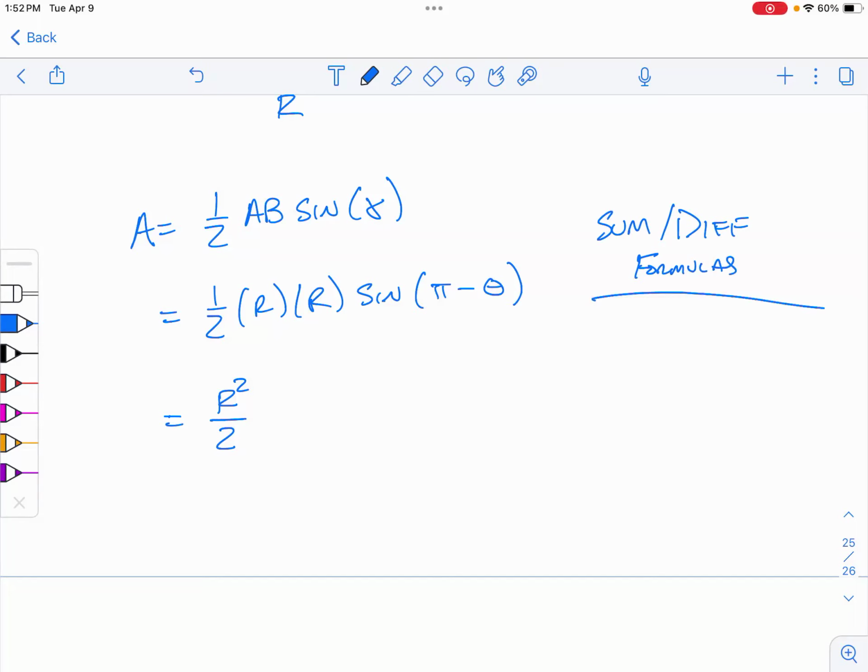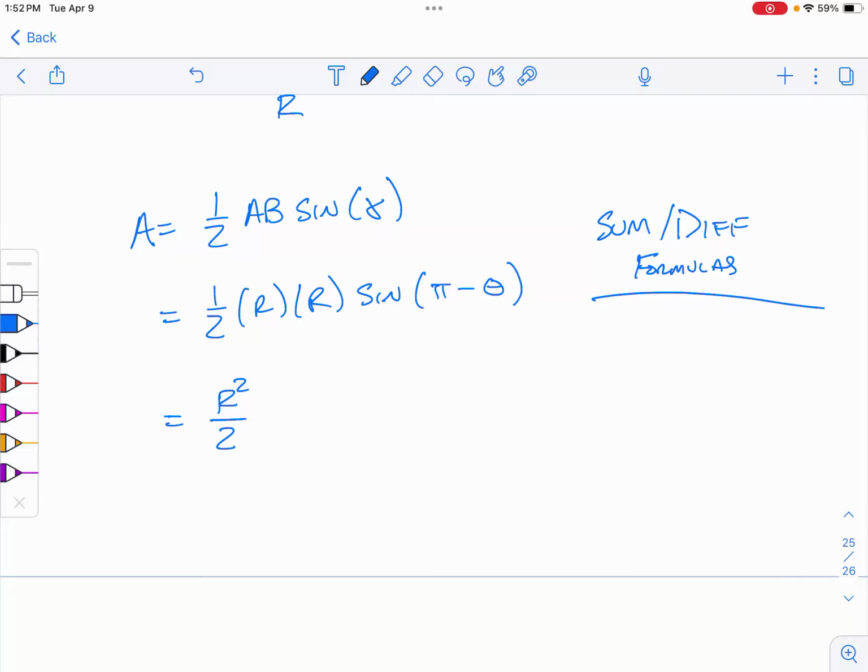Sum difference formulas. All right, the sum difference formulas, they're bottom left. It's these guys, right? So specifically, this one's pi minus theta, which means it's sine cosine, and then the sign, right? Oh no, same sign.